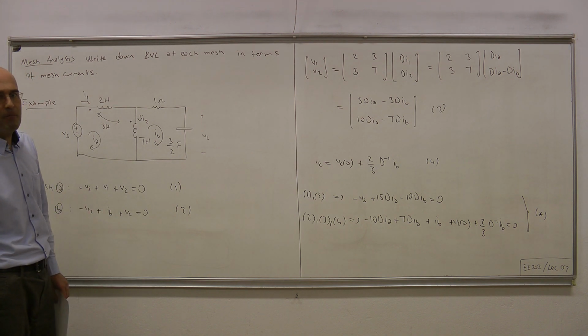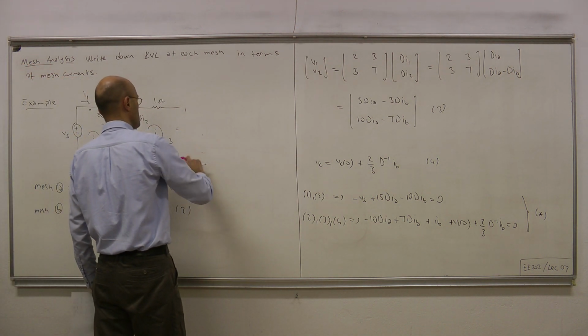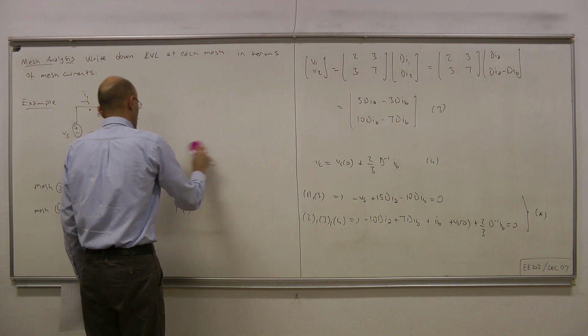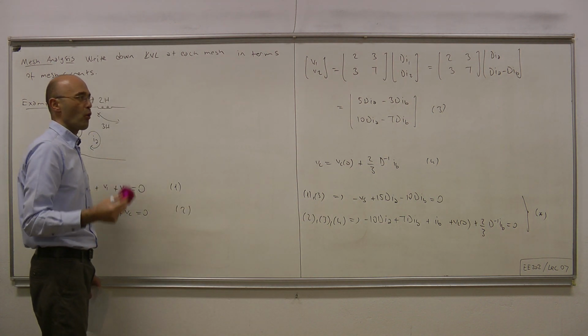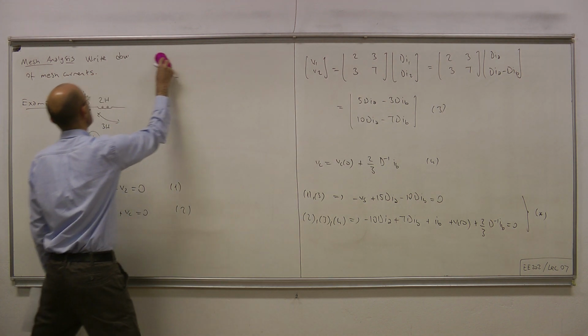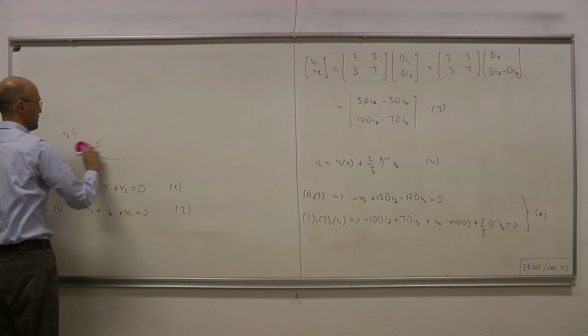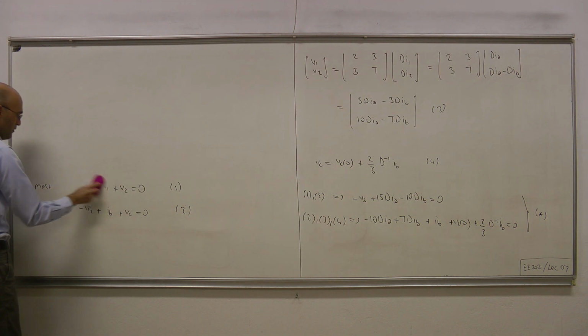Okay, but we don't leave them in that form. We put them in matrix form because it is more compact, and also later on we will use those matrices to compute natural frequencies of the circuit and also some other things.